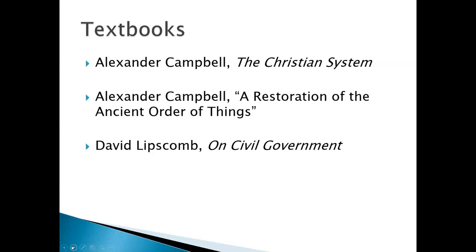The Restoration of the Ancient Order of Things is a series of 32 articles written by Campbell over the course of several years that focus on some issues, different elements within Christianity, sometimes practices, sometimes offices, other beliefs, that Campbell believed needed to be changed, that there needed to be a restoration of the original New Testament forms.